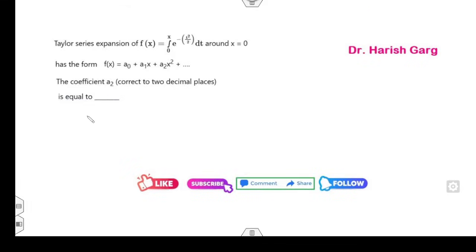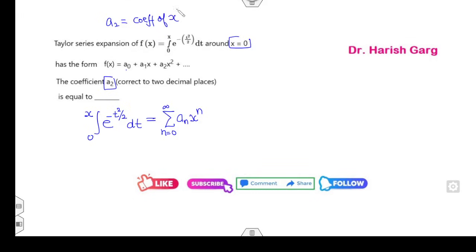Okay, look at the Taylor series of the integral from 0 to x of e raised to power minus t square by 2 about the point x0. It is of the form sum of an x raised to power n, n starting from 0, and your target is to find a2, that means the coefficient of x square.